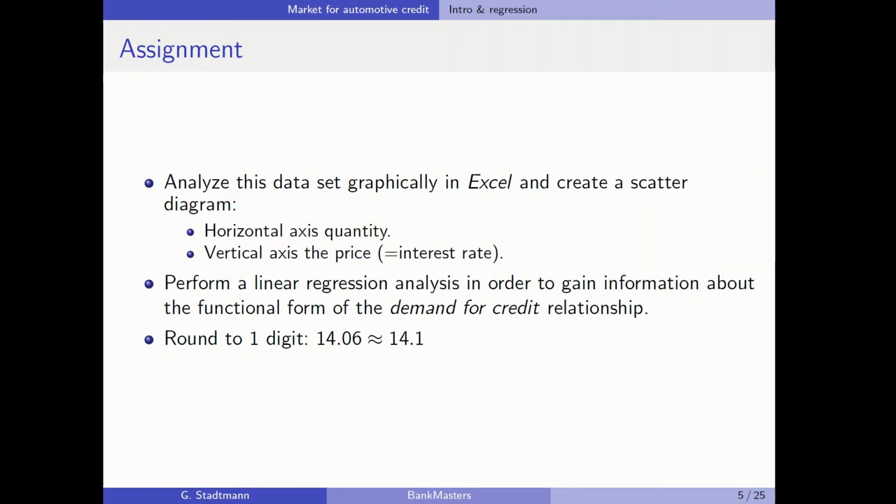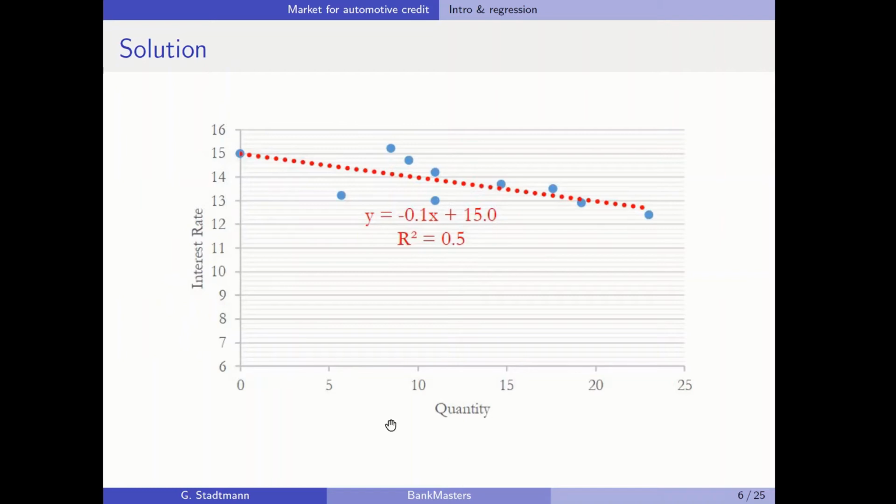The solution will look as follows. We have here one diagram where we have the interest rate on the vertical axis, the quantity on the horizontal axis. All these dots represent one bank. So for example, here we have bank number 1, which set the interest rate to 15%, and no customer showed up in this bank. The quantity sold was equal to 0. Furthermore, you can see here this regression line.